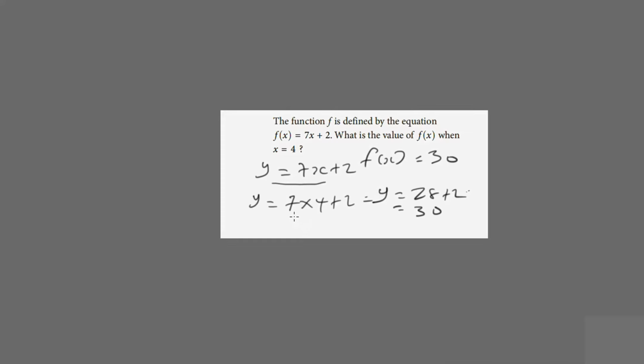So let me show you how you can solve this with the calculator. So invariably you can say that this expression can be written as, let me show you, 30 equals 7x plus 2.